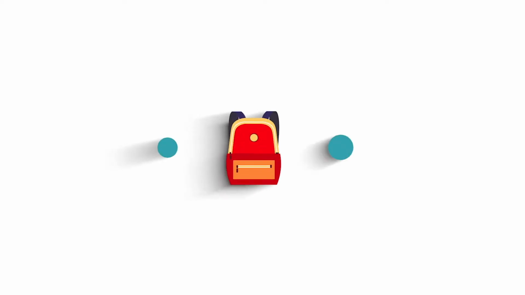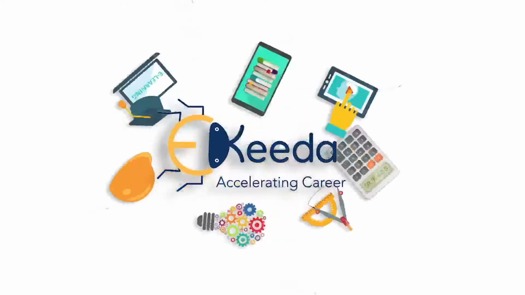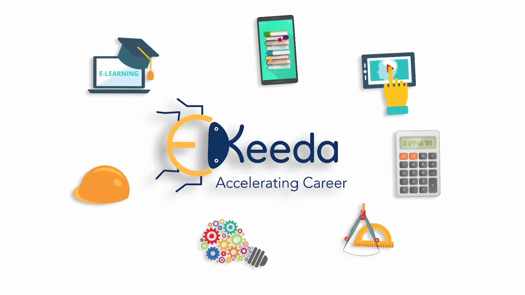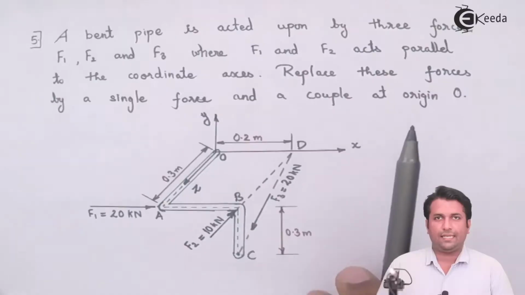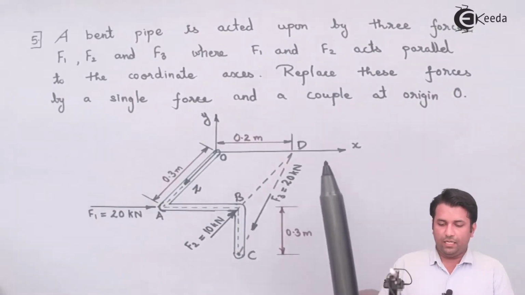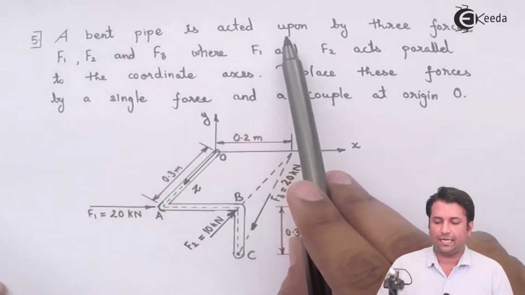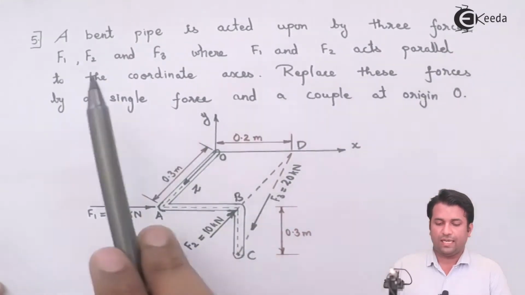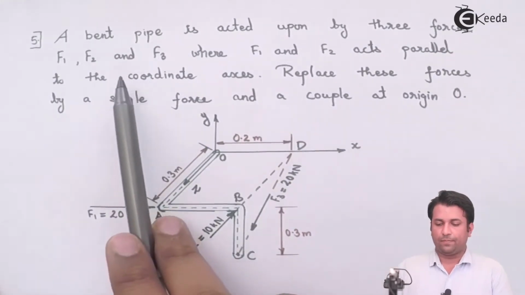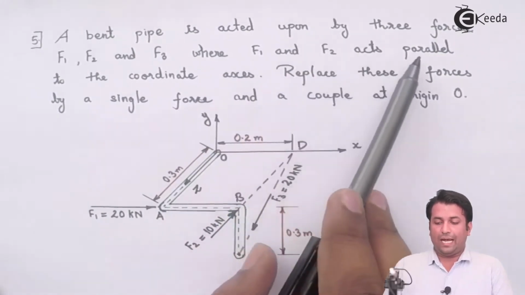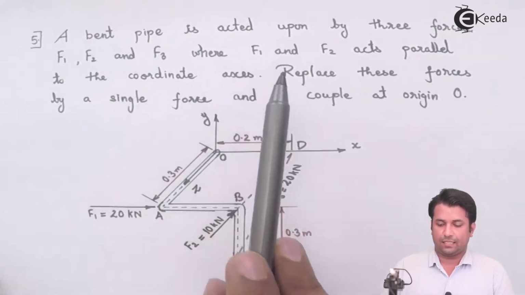Hello students, in this video we will see the next example of finding the resultant of the given force system. The example that we have is a bent pipe acted upon by three forces F1, F2 and F3, where F1 and F2 act parallel to the coordinate axis.